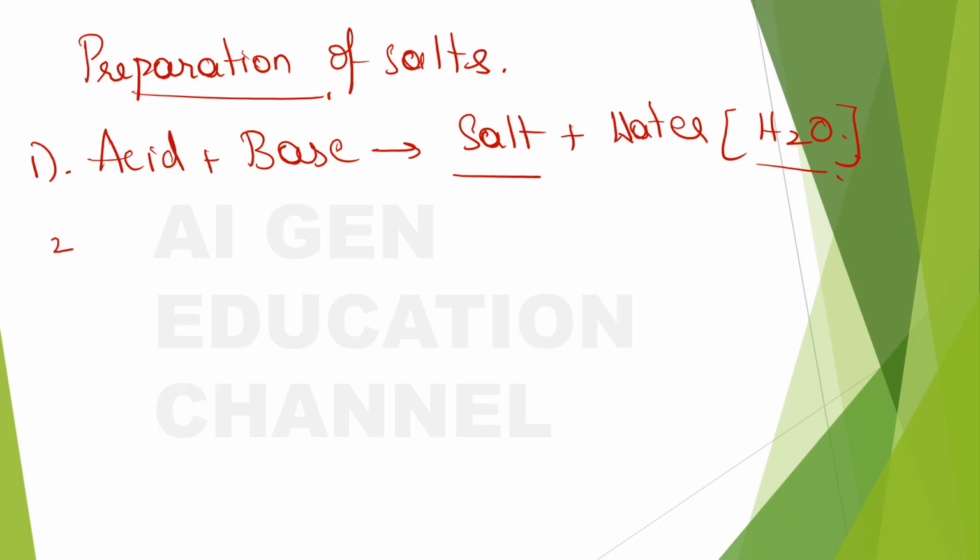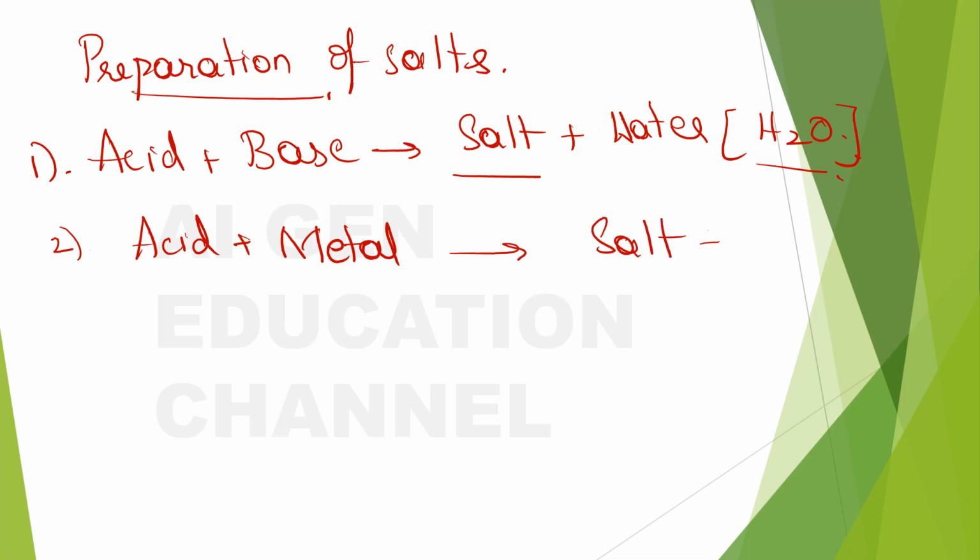And what is the next thing? I am not giving any examples because I gave so many examples previously, right? When an acid reacts with a metal, what you get is again salt, and this time you get hydrogen. So I'll give you one reaction for this. Take any acid.